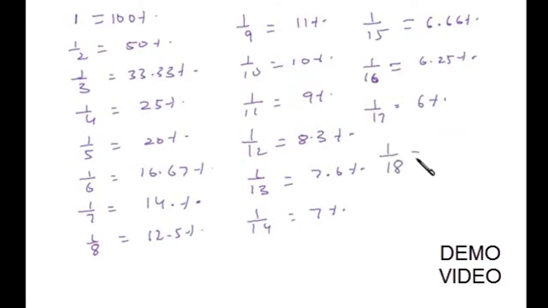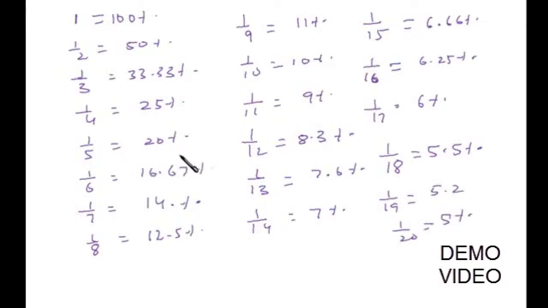Similarly, 1 by 18 is half of 1 by 9, so around 5.5%. Then 1 by 19 will be around 5.2%, and 1 by 20 will be half of 1 by 10, that is 5%. So this much you should be aware of, and that should be on your tips.